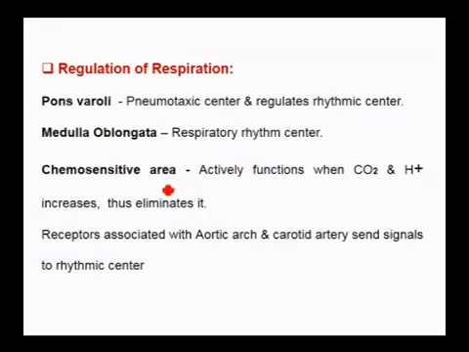The chemosensitive area actively functions when carbon dioxide and hydrogen ion concentration increases. It stimulates the elimination of carbon dioxide and hydrogen ions. The receptors associated with the aortic arch and the carotid artery signal the rhythmic center to expel carbon dioxide as well as hydrogen ions.